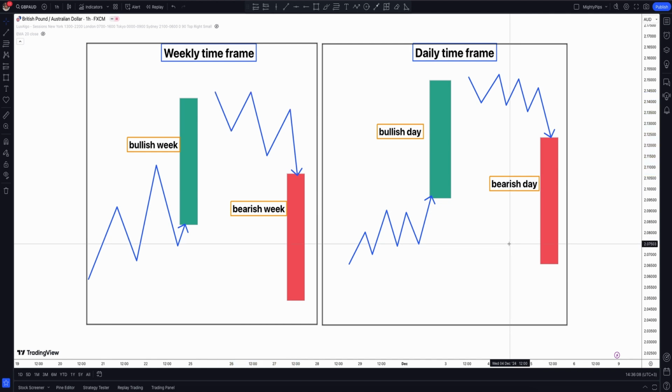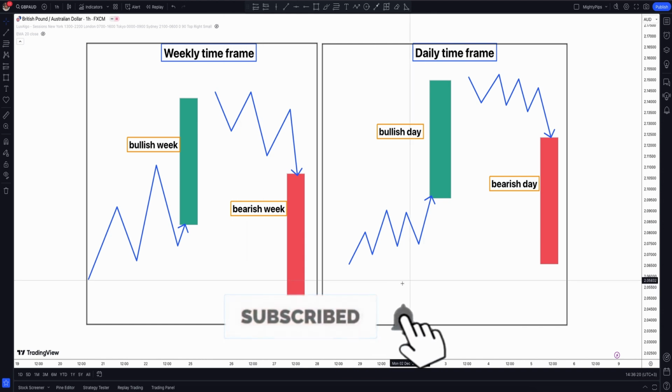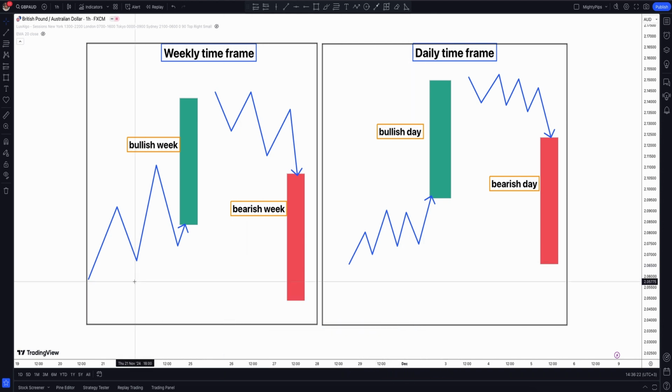Now, there are so many other things that you can do to determine bias, but this is the general rule of thumb that I have seen to work better. Now most of you will say the weekly bias can be bullish and then the daily bias can be bearish.